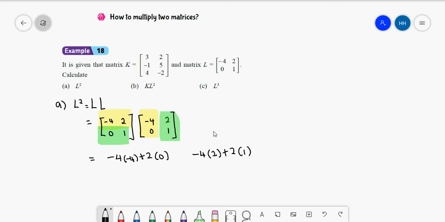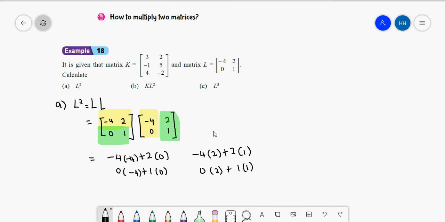We finish the first row, then we go to the next row. The next row is 0 and 1, and the column is -4, 0. And then for the second column, 2 and 1.